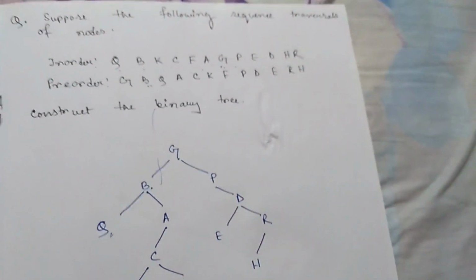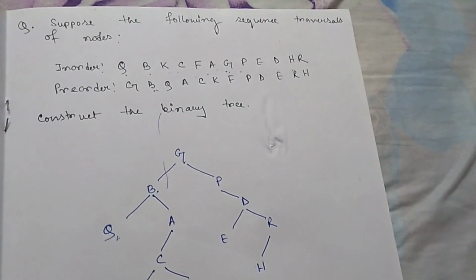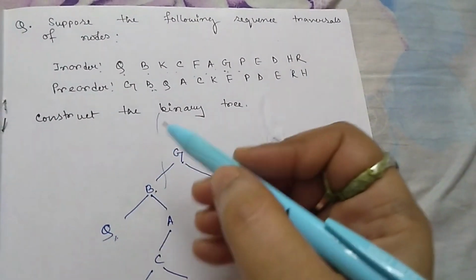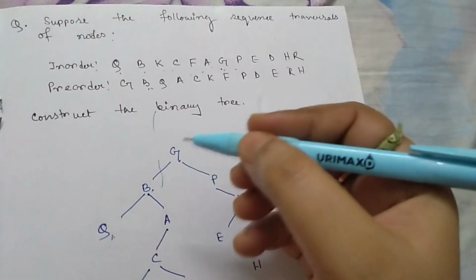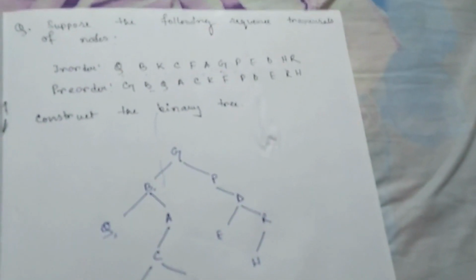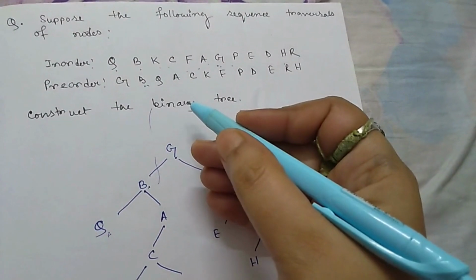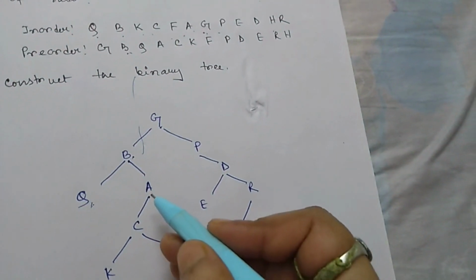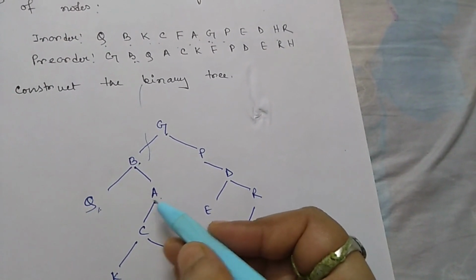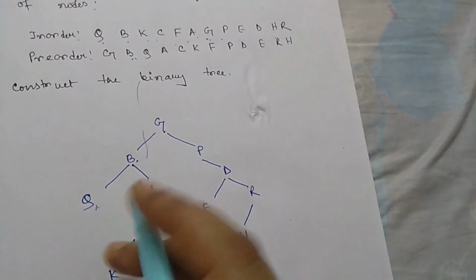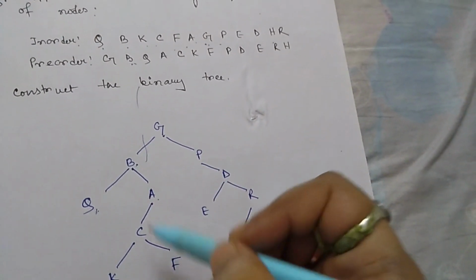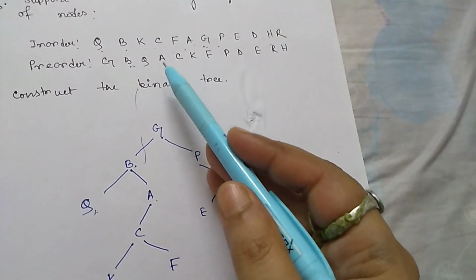Now again we find the next root. In pre-order the next root value is A. So we draw A, and the remaining values K, C, F are situated here.